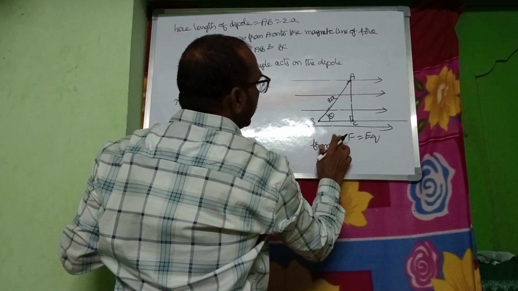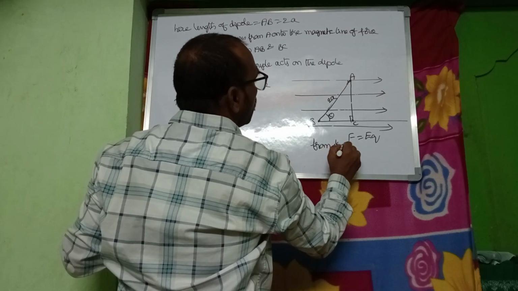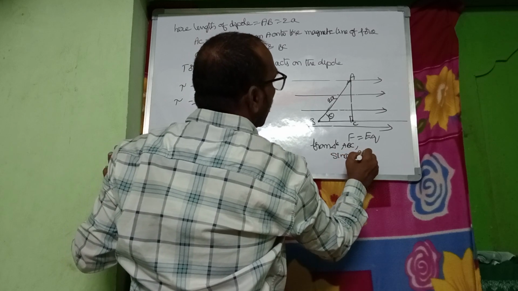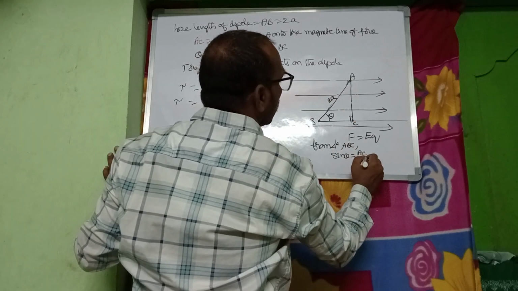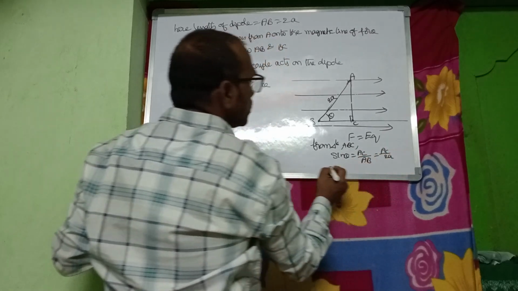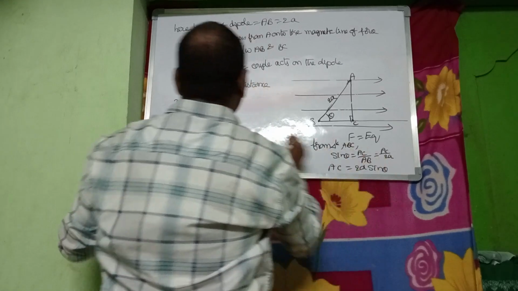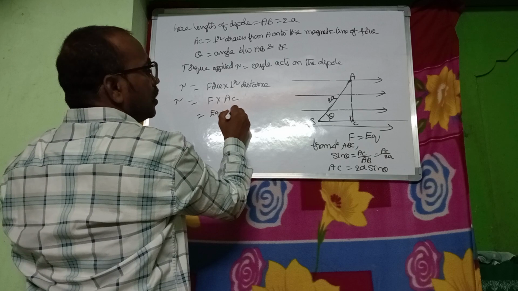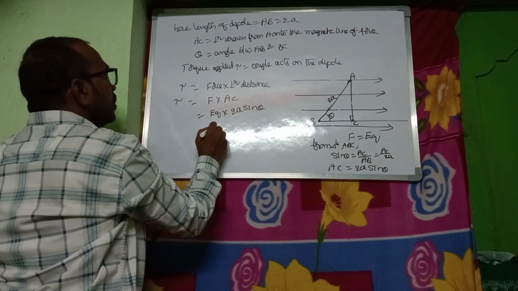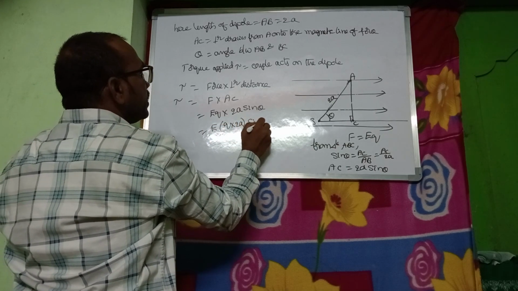From the right angle triangle ABC, sin theta equal to opposite by hypotenuse, AC by AB, which means AC by 2A. From this, AC equal to 2A sin theta. So you can write here E into Q into 2A into sin theta.